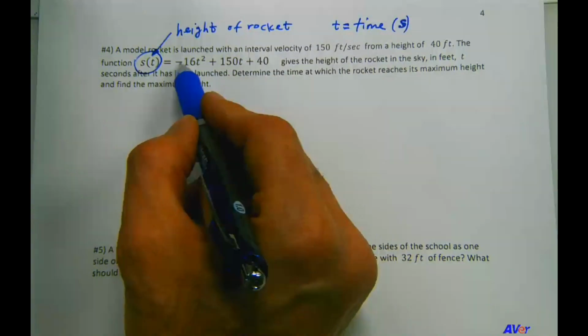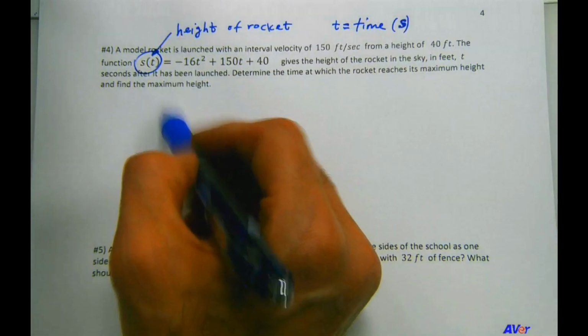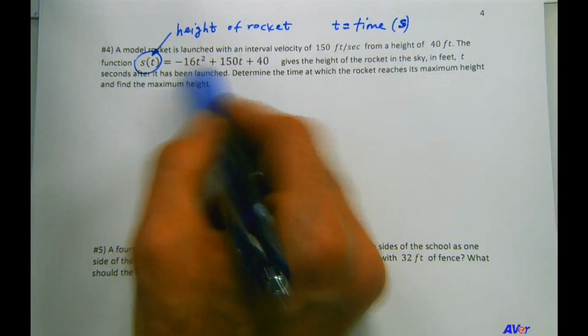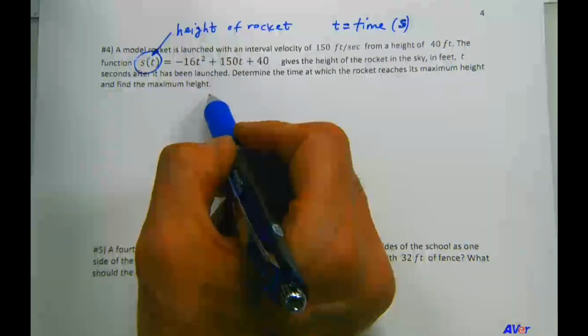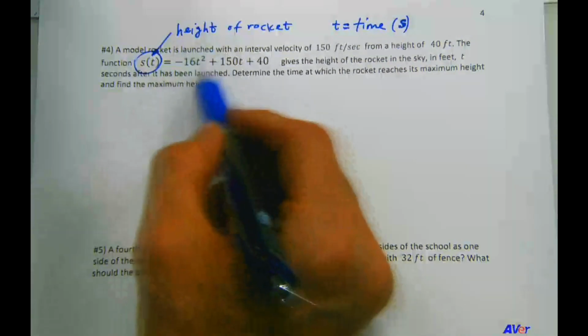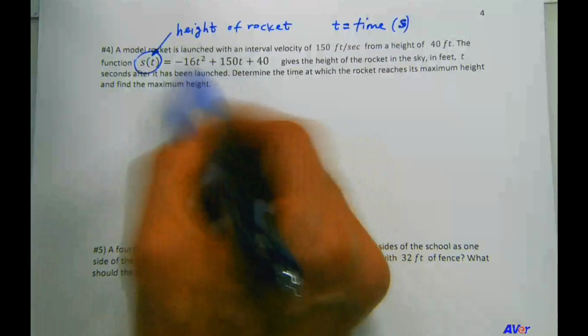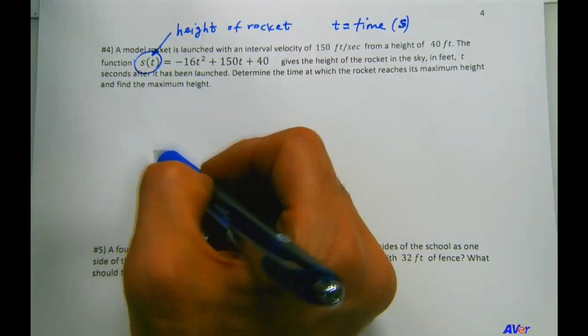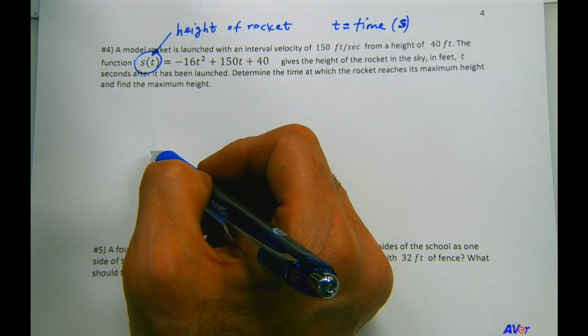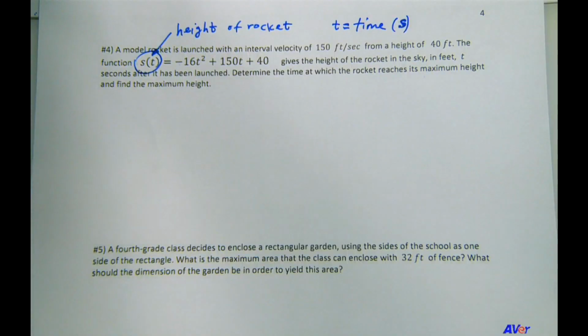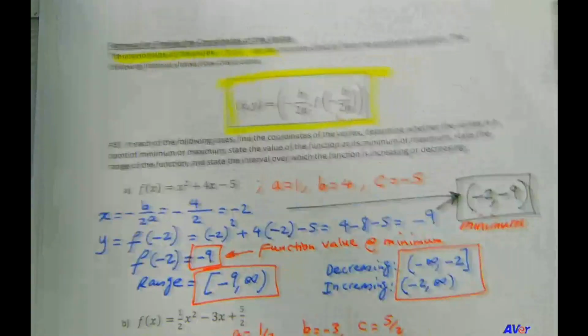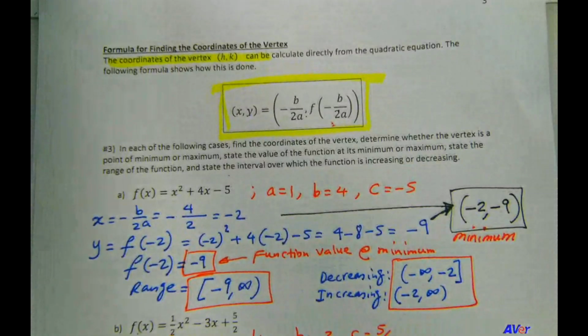It has a negative coefficient, which means when you graph this, it's going to be upside down. So it makes sense to look for a maximum point, because this is going to open downward because of this negative coefficient. So we can use the formula we just learned to calculate the coordinates of the maximum.